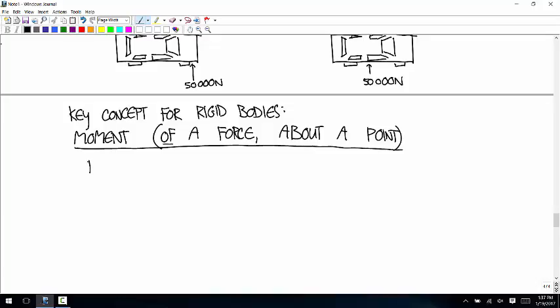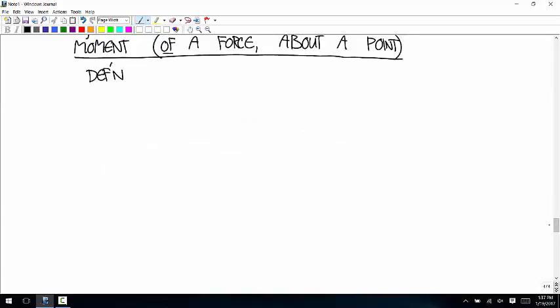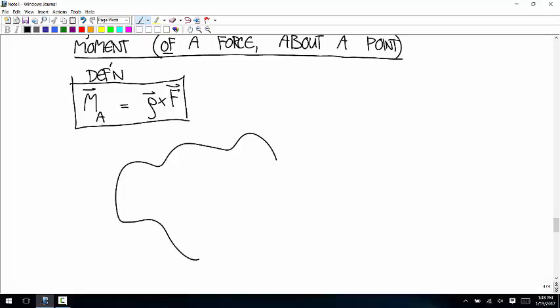The definition of a moment: the moment about a point A is equal to a vector rho crossed with force vector. And I'll draw a picture and explain what these things mean. So this is the body, just some arbitrarily shaped thing. And a force is applied to the body here.